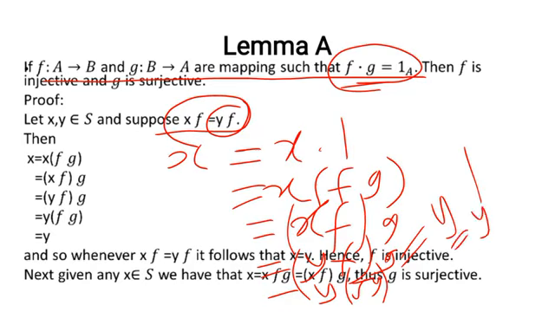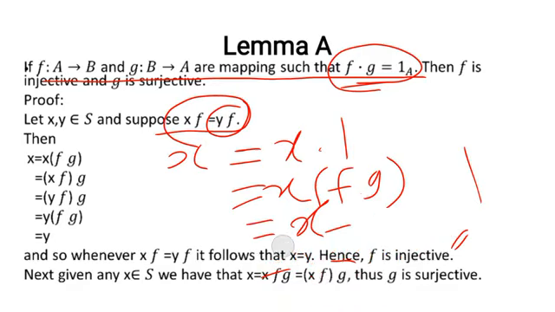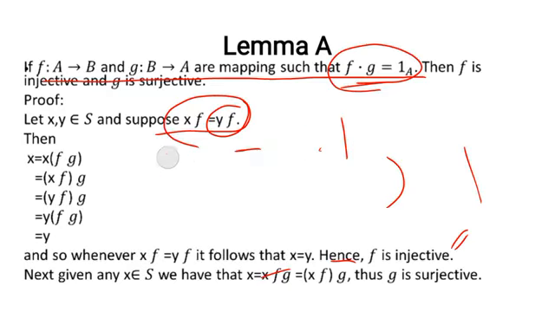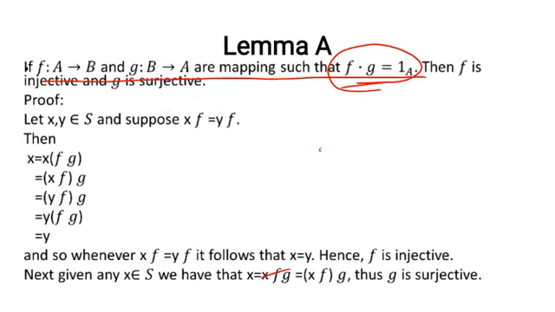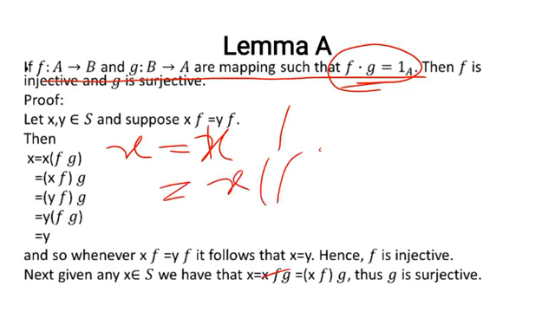Okay, so let me read what I've done. Some steps are missing as you have seen me write, but you'll get it as you look through, and I'll take it again. So x again is equal to x times 1, which is the same as x, and 1 is fg from here.